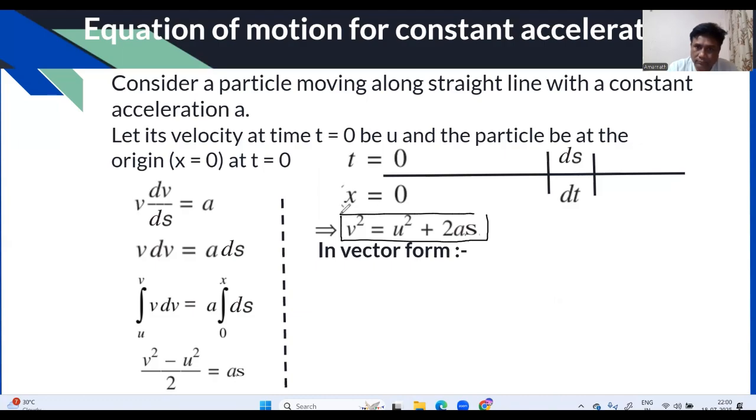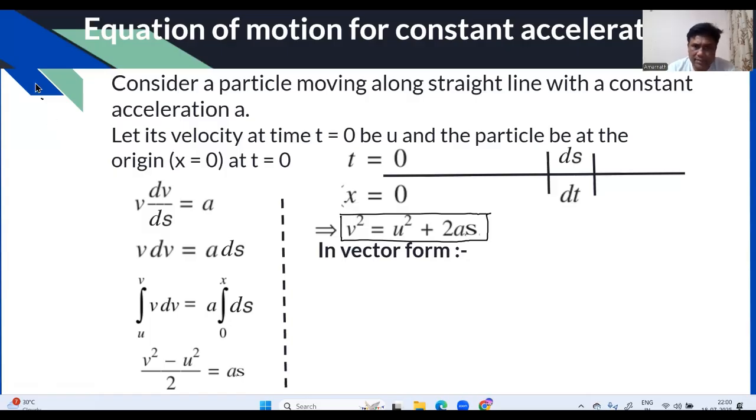Again, this is actually not a vector equation. This is a scalar equation because of v square, so always I'll get the magnitude only. But we can write it in vector form, that is a different issue. So how can I write it? You can check it.